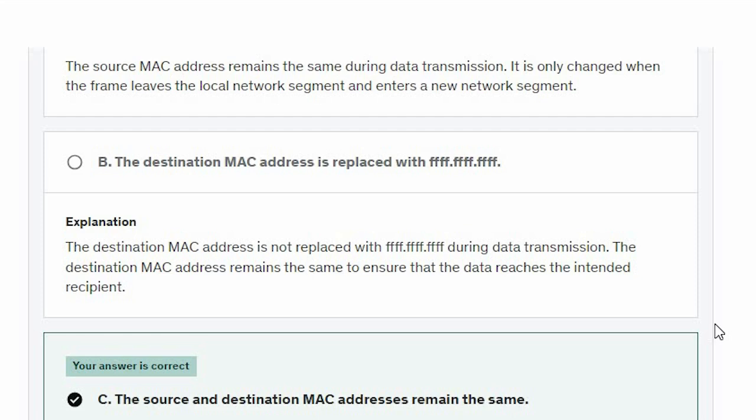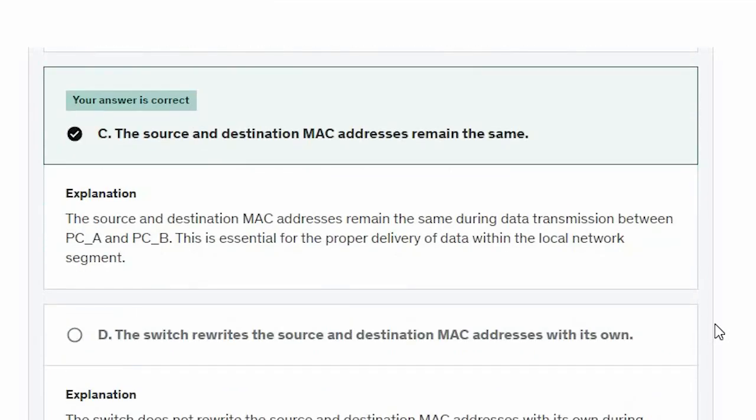This is wrong. Answer number 3. The source and destination MAC address remain the same during data transmission between PC1 and PC2. This is essential for the proper delivery of data within the local network segment. This answer is correct.